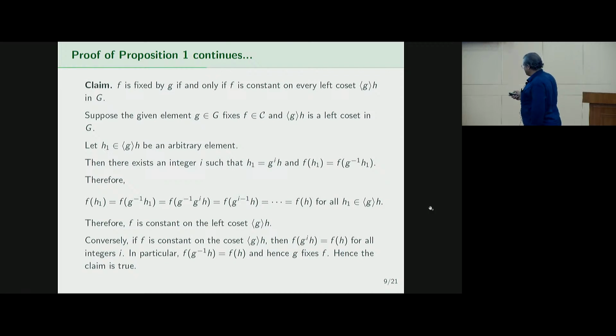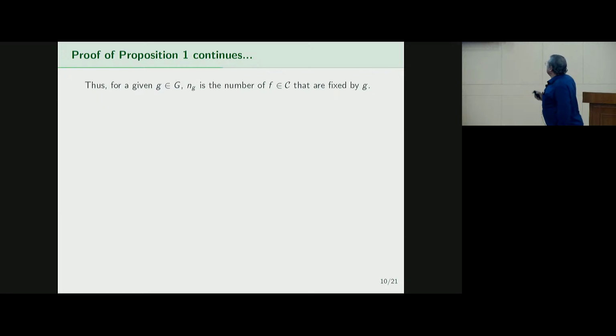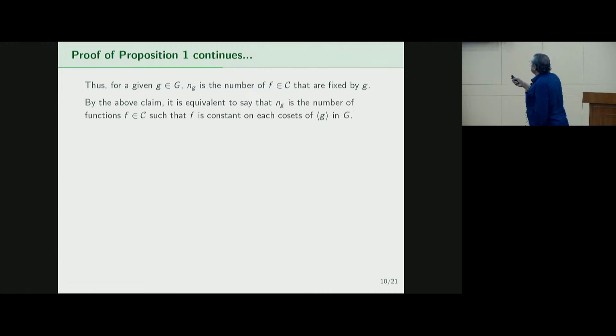Using this claim we can count Ng. Given g in G, Ng is the number of functions f that are fixed by g. By the above claim, it is equivalent to say that Ng is the number of functions such that f is constant on each coset of the cyclic group generated by g.